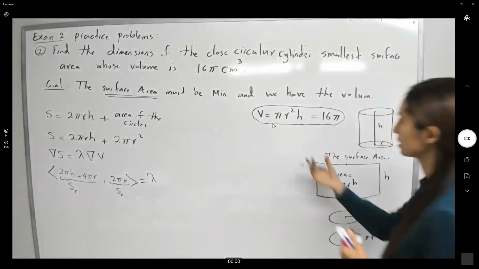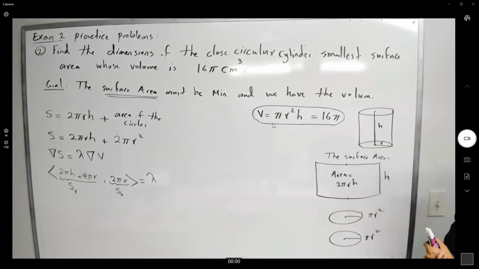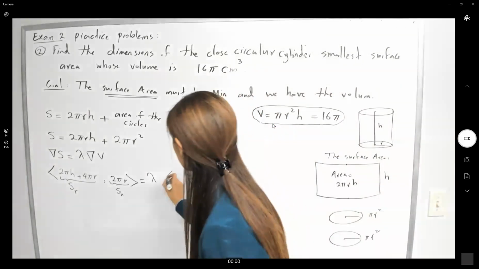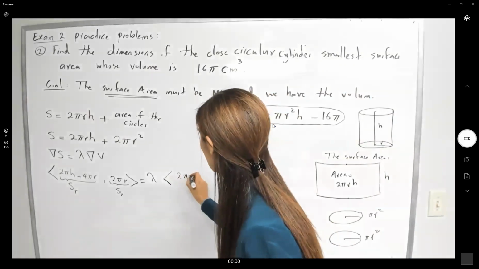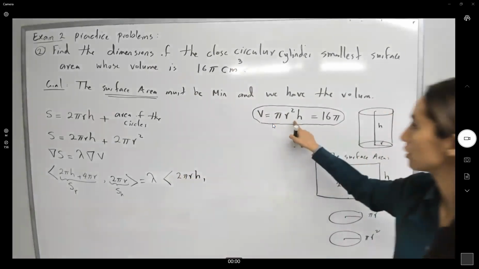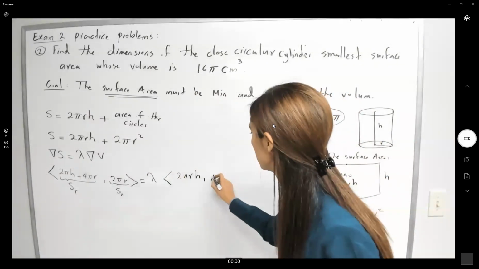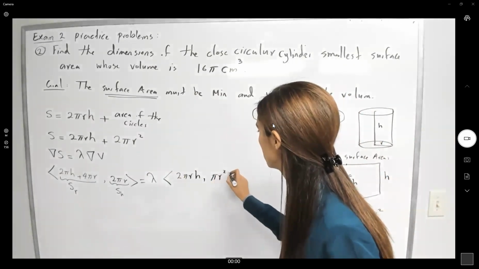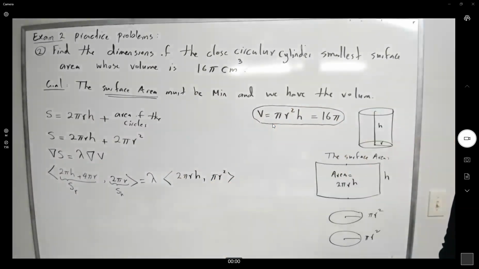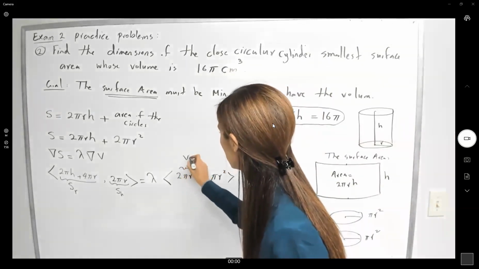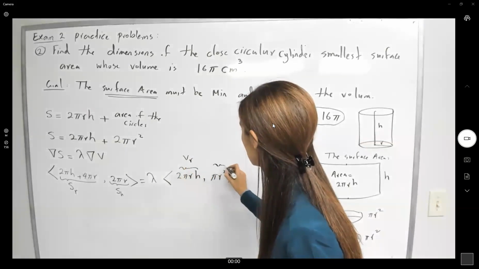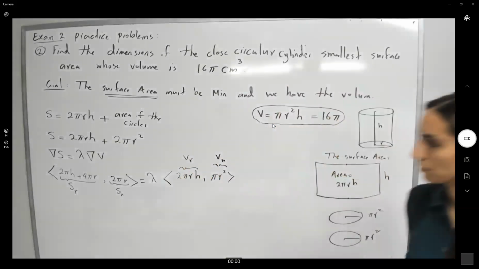Now, we're doing the same thing here. The derivative with respect to r, 2 pi rh. The derivative with respect to h, pi r squared. Very well. So this is the derivative v of r, and this is v of h.